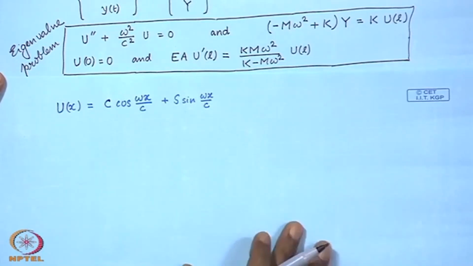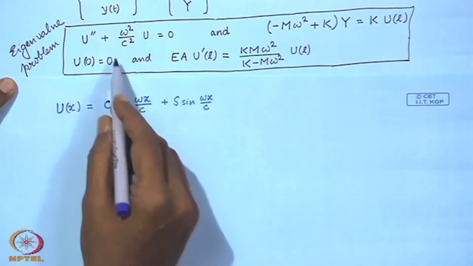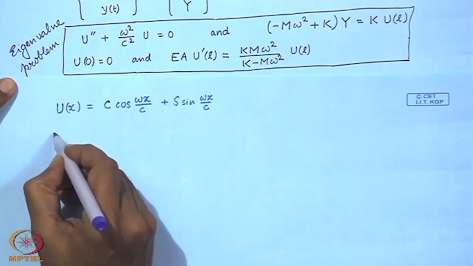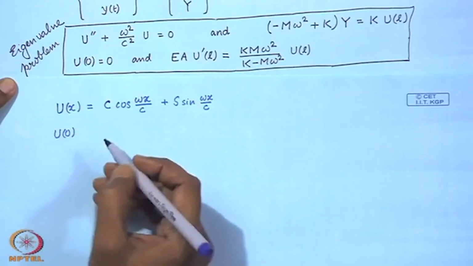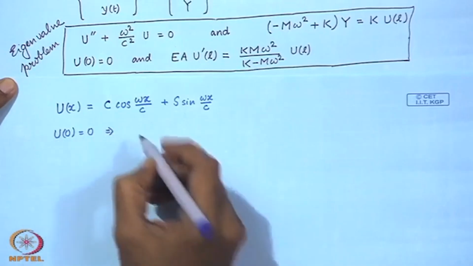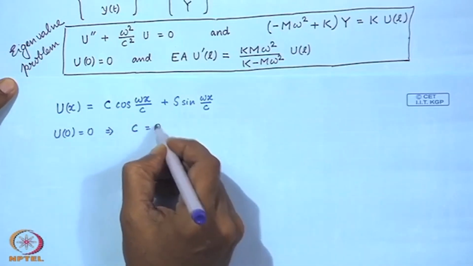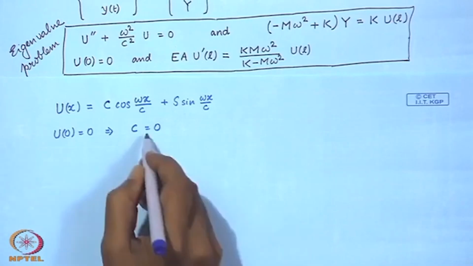And if you use the boundary conditions, the first boundary condition, for example, directly implies capital C is equal to 0.